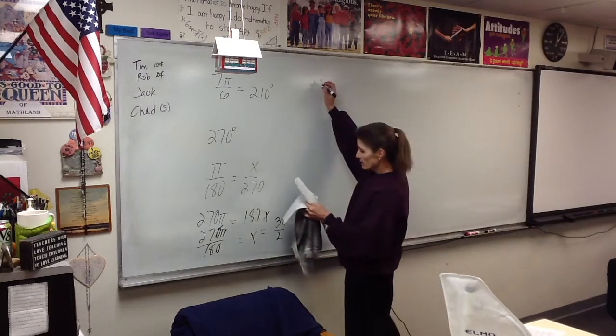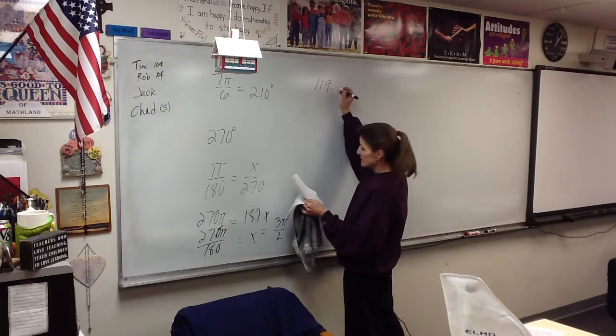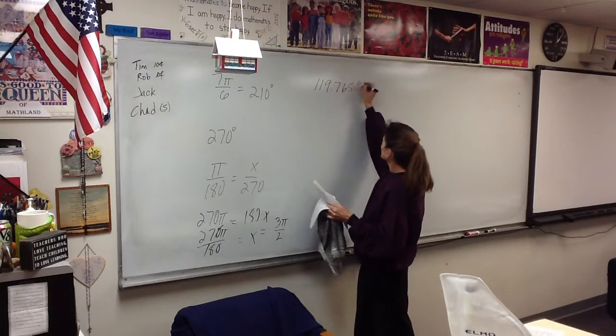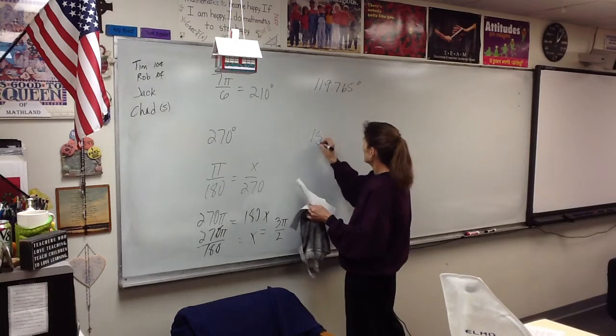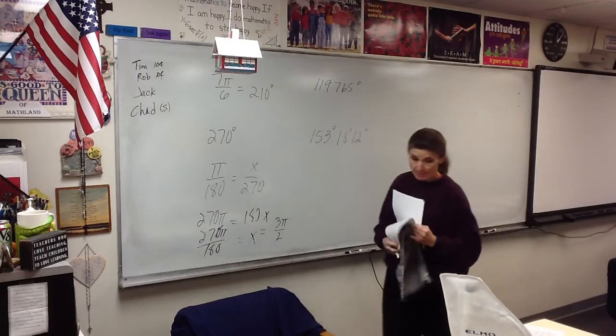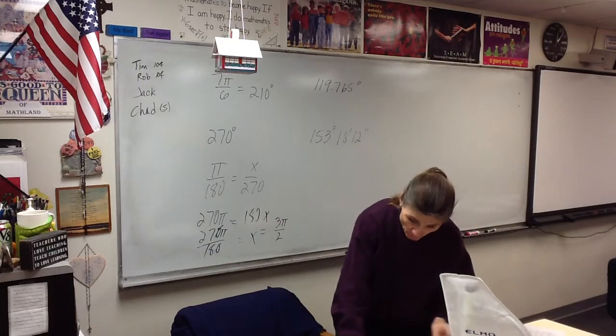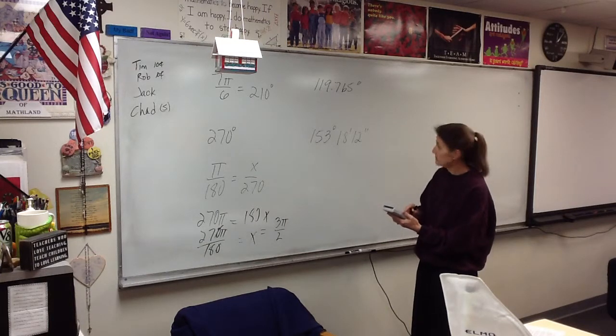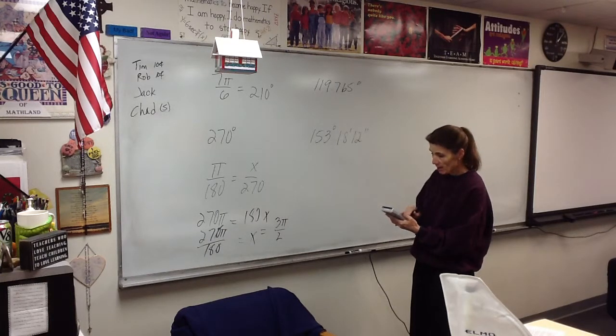Now we want to use our calculators because we're going to find degrees, minutes, seconds for 119.765 degrees. So we'll get out our calculators and we will literally type in 119.765.